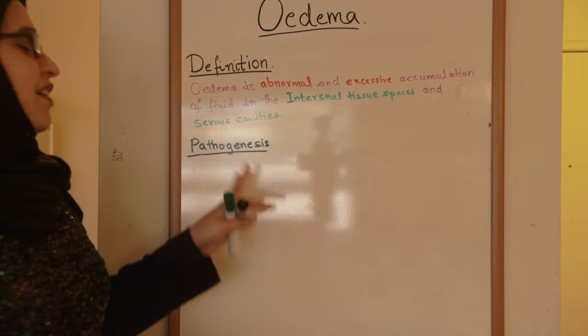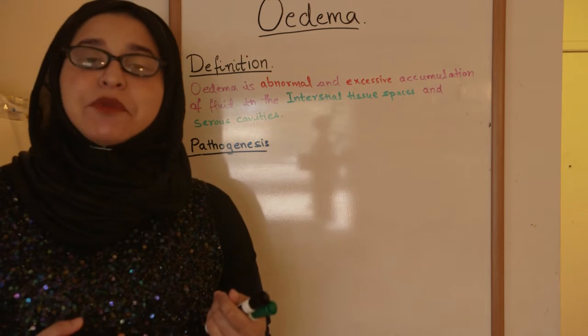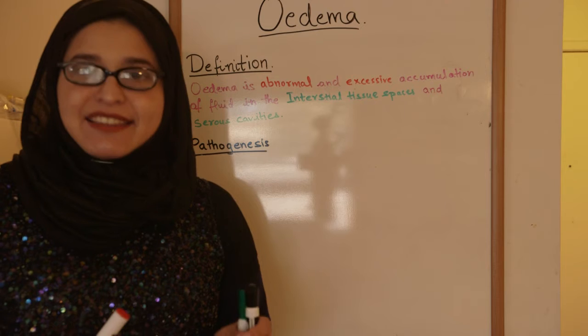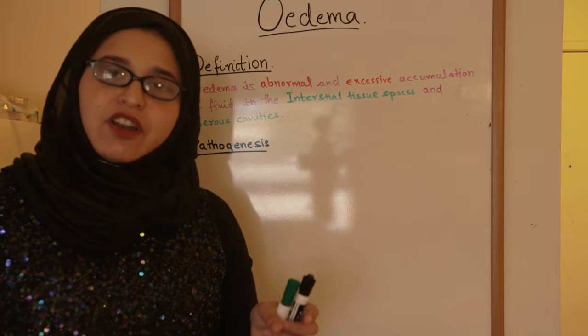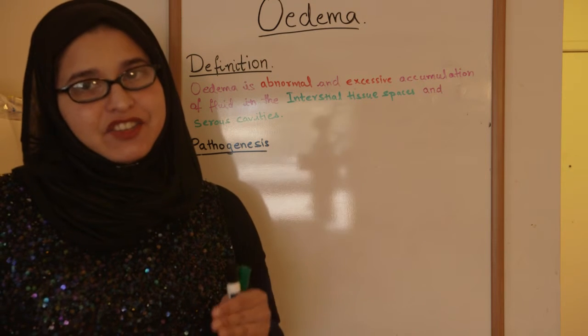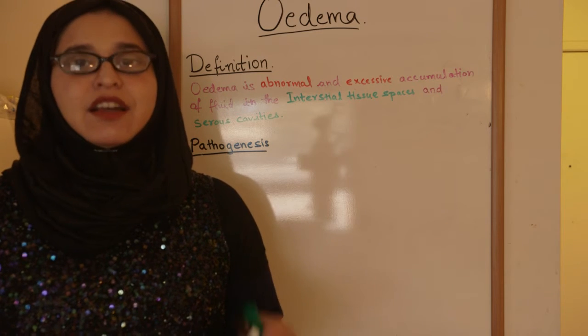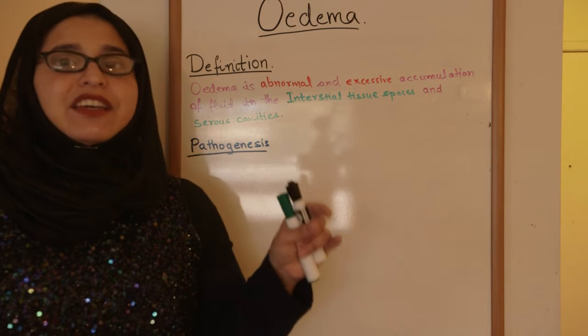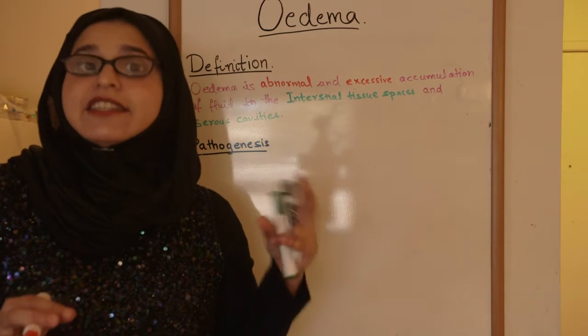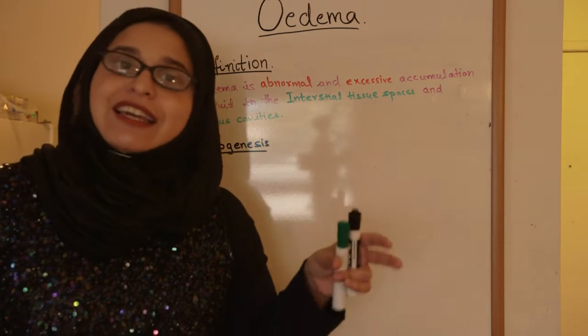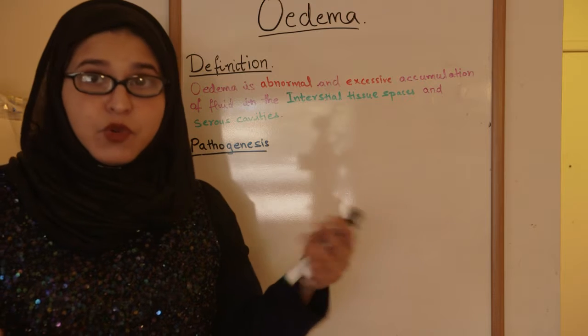What is edema? Edema is an abnormal and excessive accumulation of fluid in the interstitial tissue spaces and serous cavities. We all know that it is important that there should be interstitial fluid in the interstitial spaces. Why?